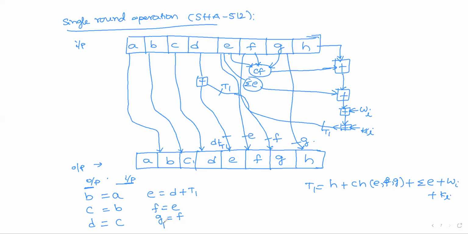Then H is taking the input of that buffer for the round, the data that we have in G.